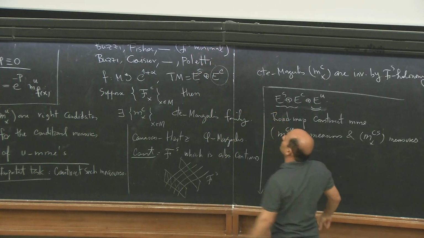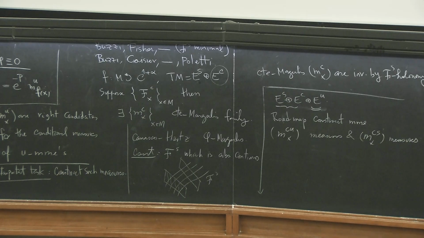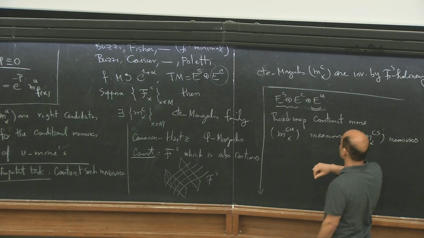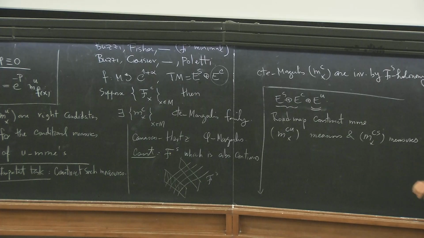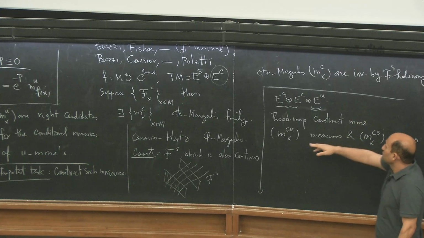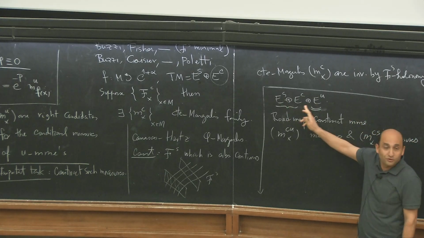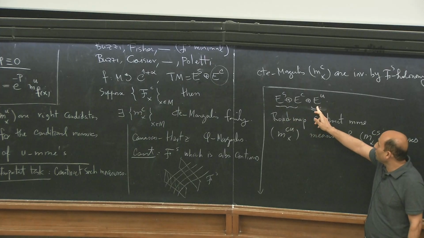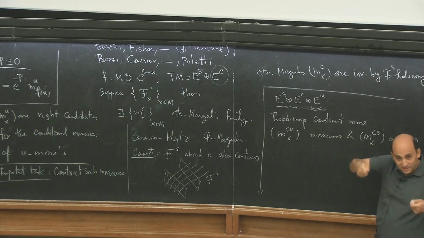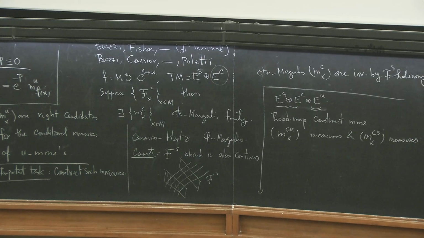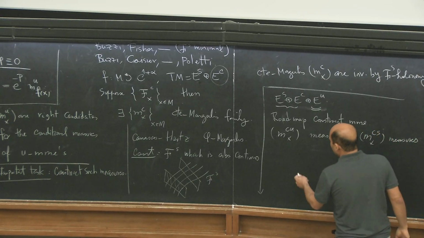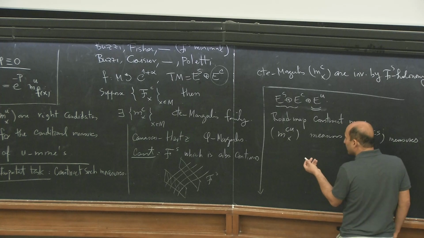Now you do not need to assume minimality, and in general you can construct with similar ideas. But anyway, up to now I do not have a measure on the unstable foliation, which is the important thing for us. So this is the difficulty, and the difficulty is solved in some cases.